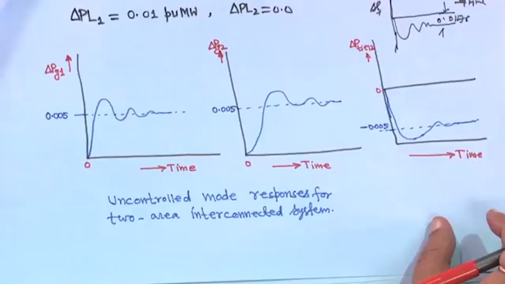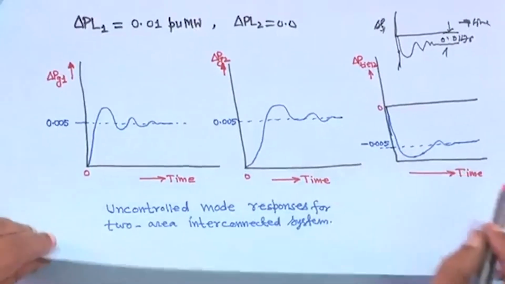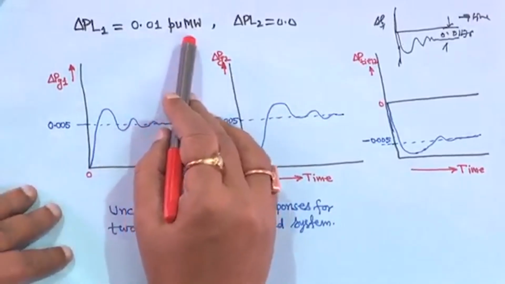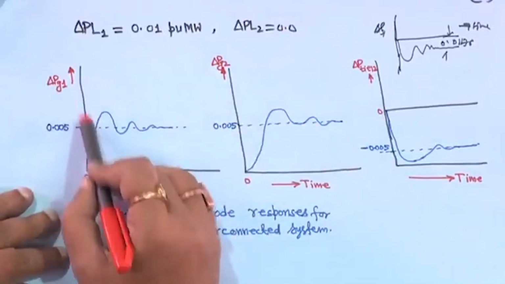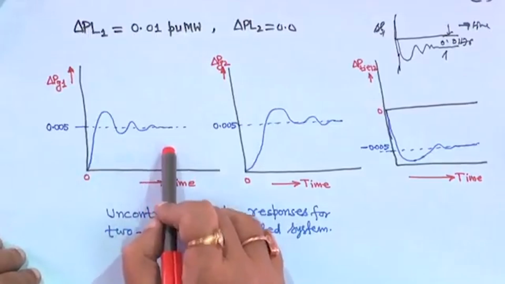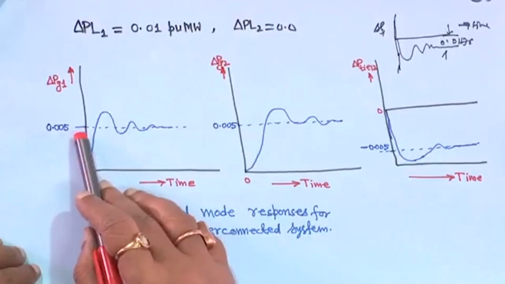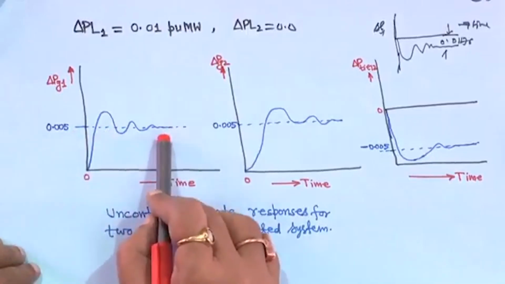If you see the response for area 1 and area 2, say for ΔPL1 equal to 0.01 per unit megawatt, ΔPL2 equal to 0. If you plot, for example, ΔPG1 in the uncontrolled mode, you will find ΔPG1 making 0.005, not 0.01, because it is uncontrolled mode.